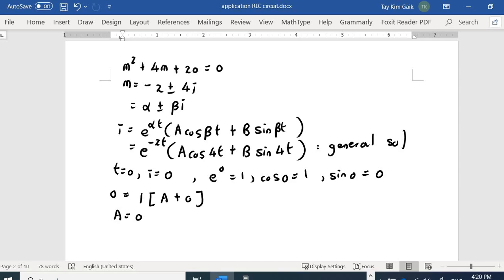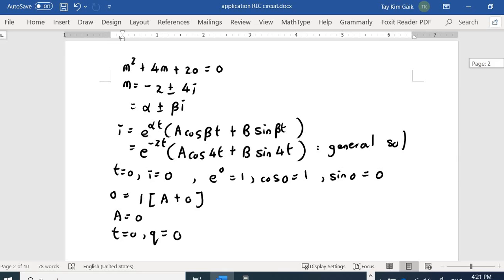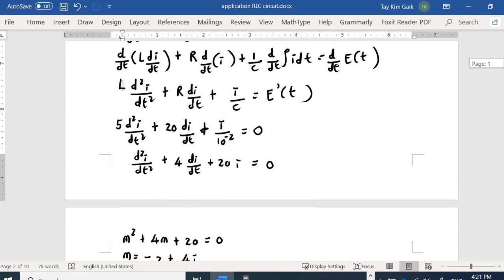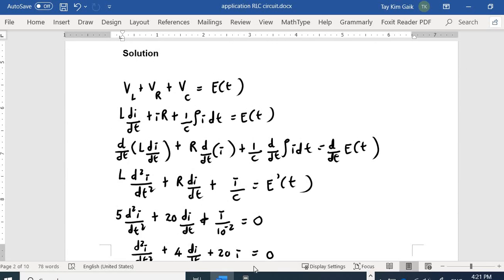Okay, how to get the B? Remember you have another initial condition, at t = 0, Q equal to 0, but here in terms of I. So you can go back to our RLC circuit here. VL plus VR plus VC equal to E(t).